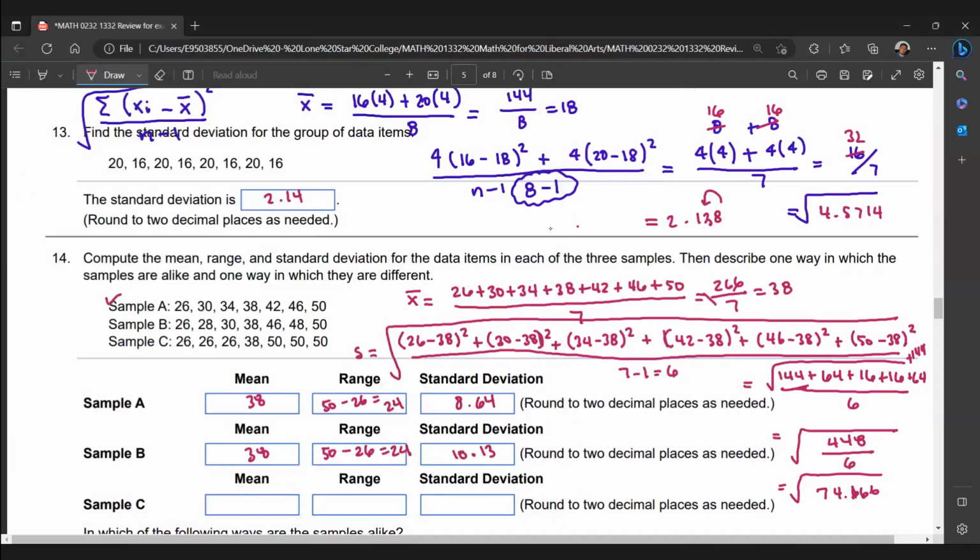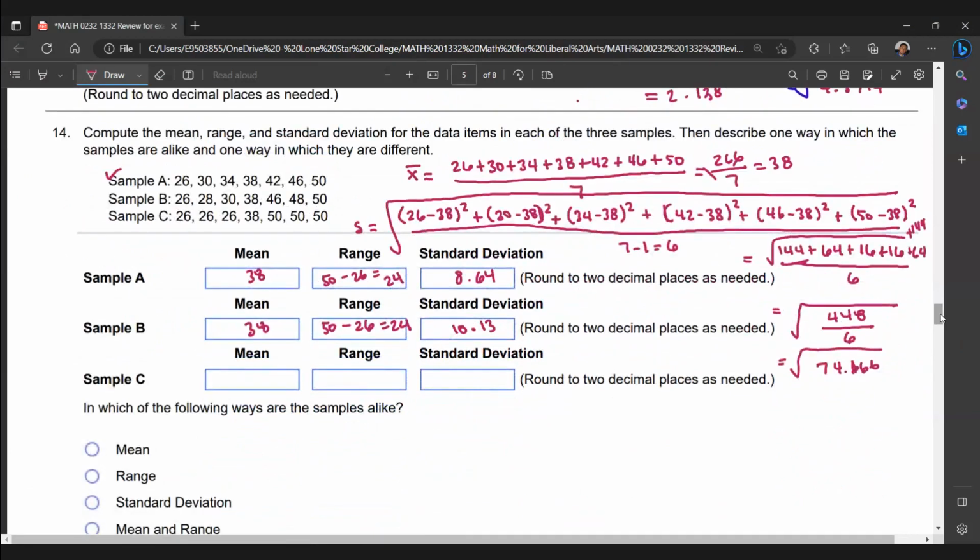Let's do that for sample C. Okay, so let me just write that down. We have 26, 26, 26, 38, 50, 50, 50. Let me find the range. That will be 50 minus 26 is equal to 24. Let's type in the data into the calculator.